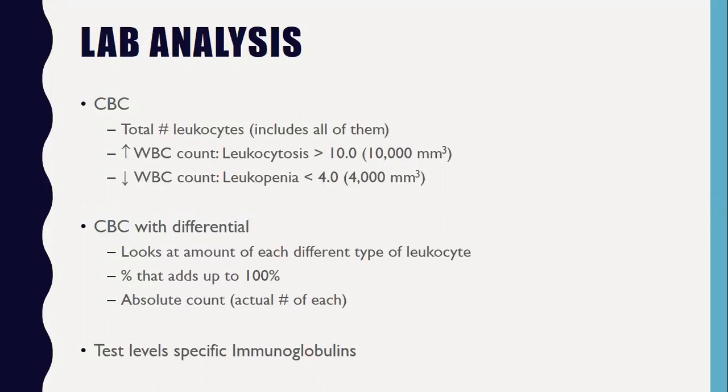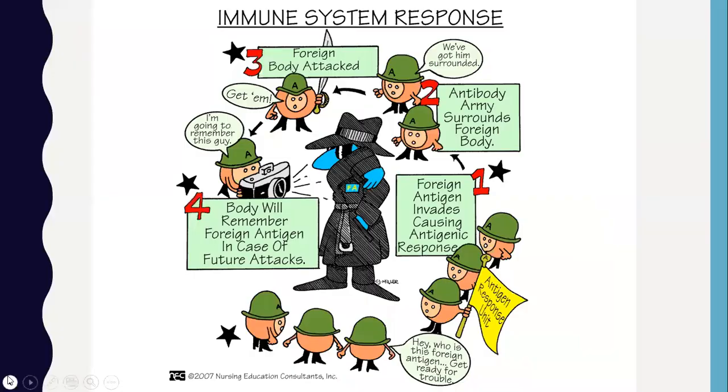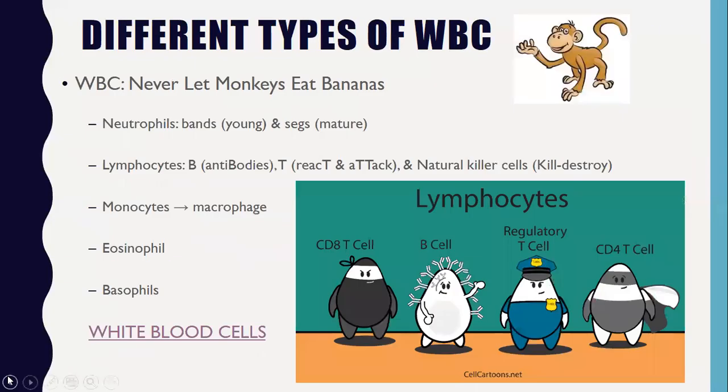So when you do a differential, it's going to look at each different type of white blood cell. What it gives you is a percentage, and that percentage will add up to 100%. Actually, let me just go back to that slide and we can look at it real quick, so that it's making sense while I'm talking.